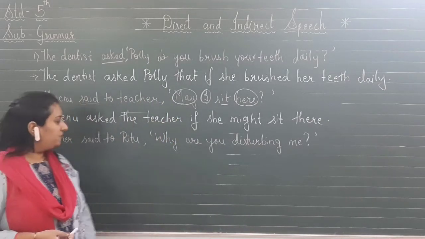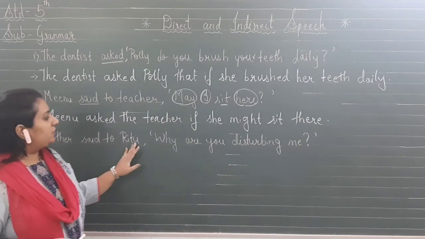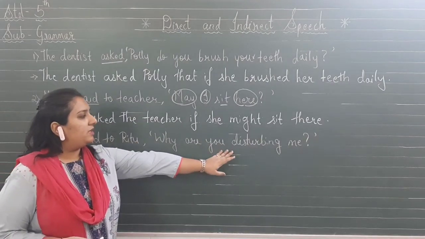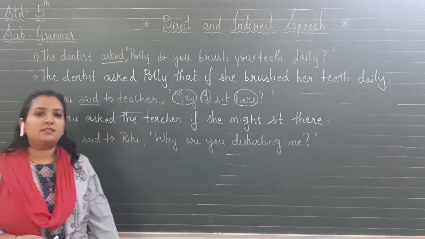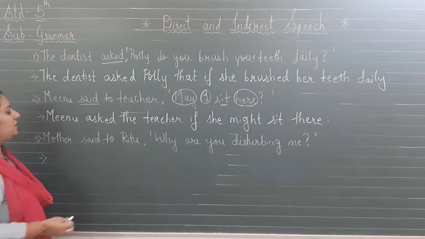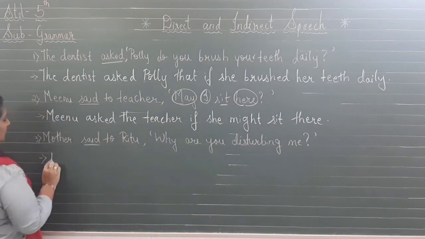Now the last one. Mother said to Ritu, why are you disturbing me? Again it is an interrogative type of sentence. So here we will change the reporting verb said to asked.